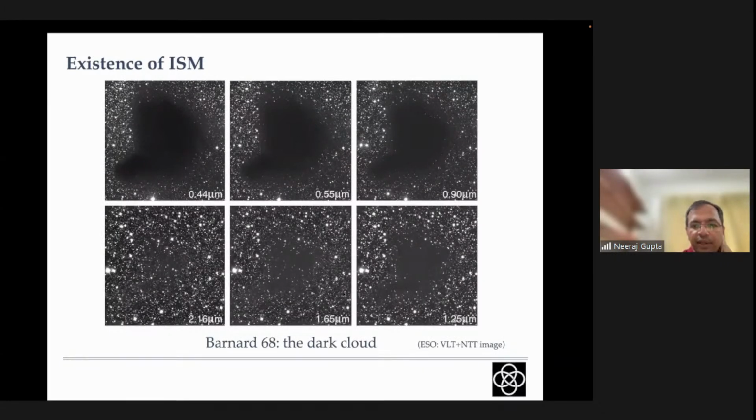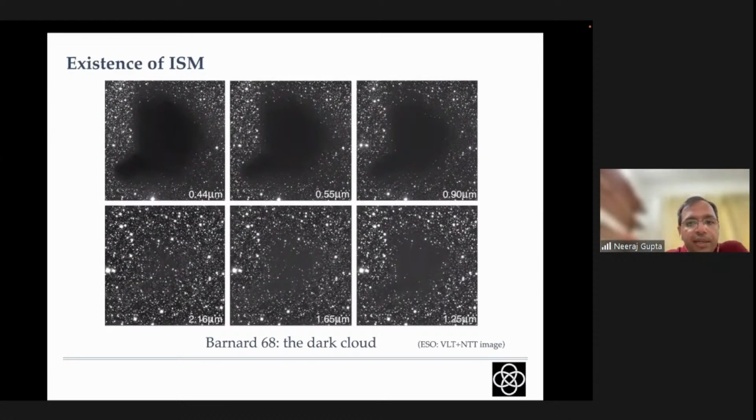And you see that as the wavelength of these images increases, the patch which was appearing very dark at ultraviolet and very short optical wavelengths is actually filled with stars when we go into the infrared. So what was happening here is that there is this dark cloud, or molecular cloud, present here, which has a lot of dust associated with it, and this dust is preventing short wavelength light from coming to us. It is obscuring it. So this was another way through which it was discovered that there is actually a lot of material in the space between stars.